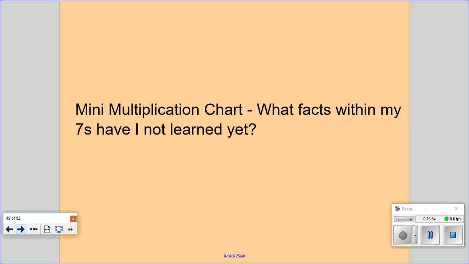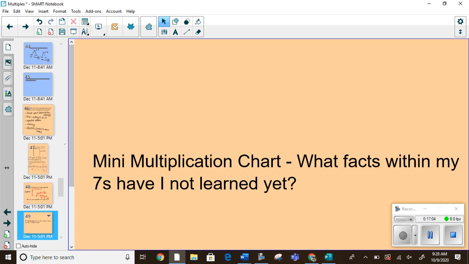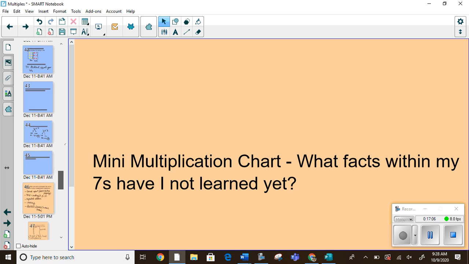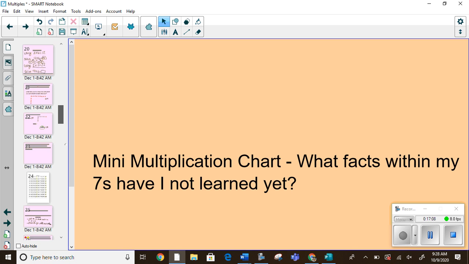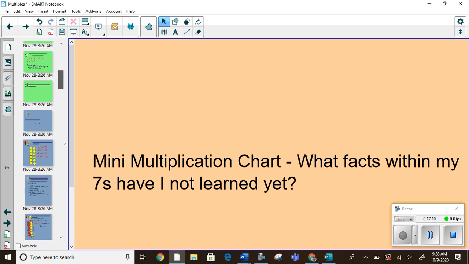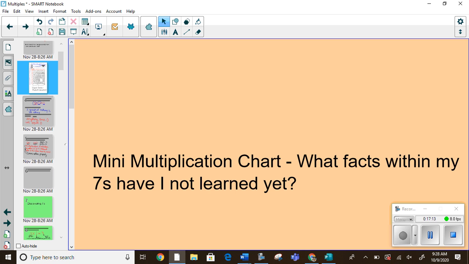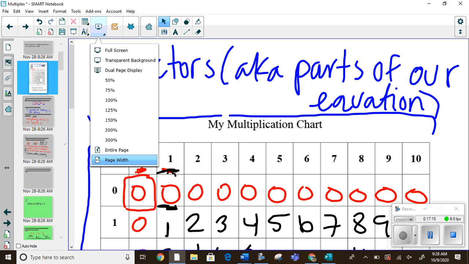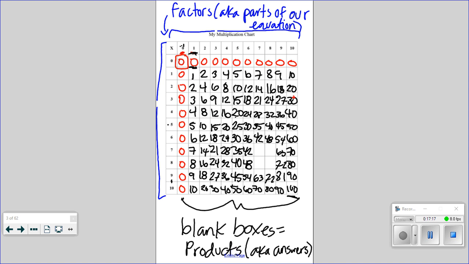All right. We're going to look at our 7's multiplication chart. Flip back to that multiplication chart. We're going to fill in our 7's. There's very little 7's you don't know. Got it. So I just easily got it. All right, what is a 7 fact that we don't know yet?